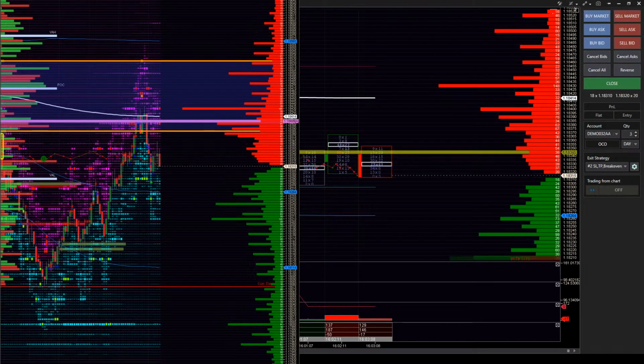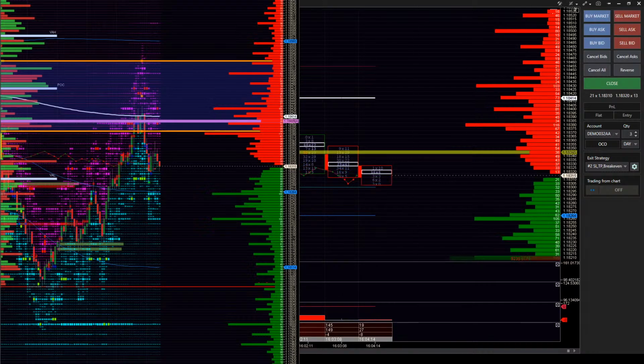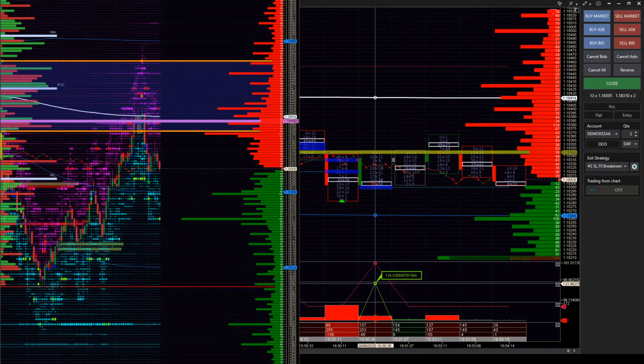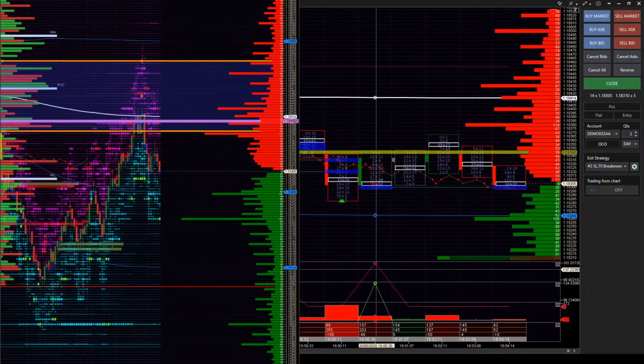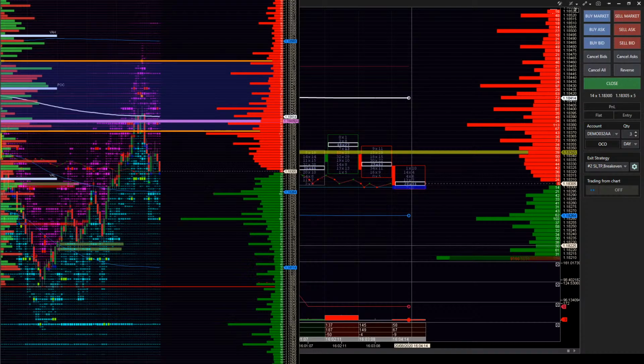You can do it as many times as you want, but the first touches have more reliability and you have a higher rate of success when you do that. One of the things I always keep an eye on is this tape speed that shows me who is being more aggressive. I take this very much in mind when choosing my direction to trade.